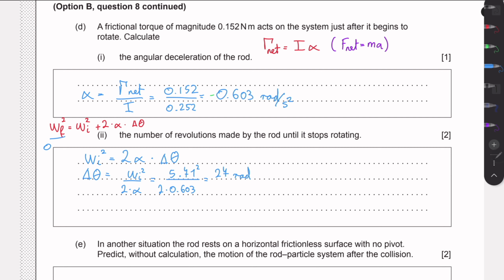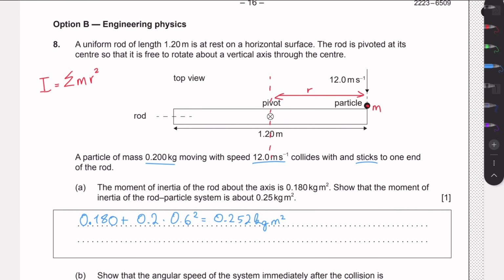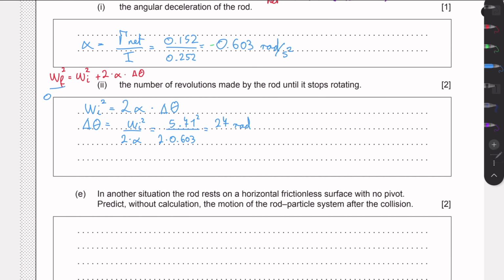But that is not the number of revolutions. We are told that it covers 27 radians as it stops. And we know that 1 revolution is 2 pi radians. That's just how we define it. So if it goes 27 radians, and 2 pi is just 1 rotation, or 1 revolution, it goes completely around 1 time in 2 pi. 2 pi is just 360 degrees.